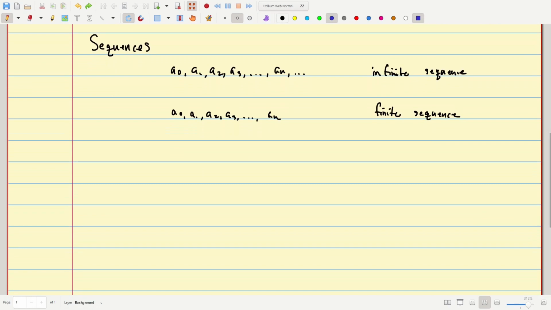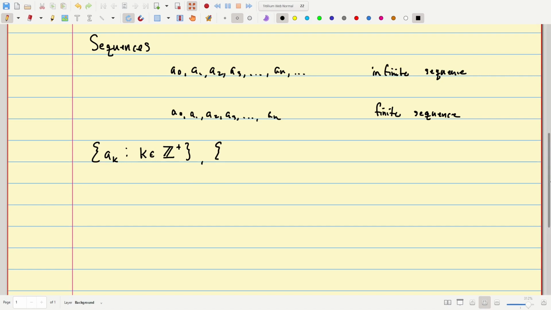We're talking about sequences. Sometimes you'll see something written like this. What this is saying is that we have the set of all a sub k such that k is in the set of positive integers.